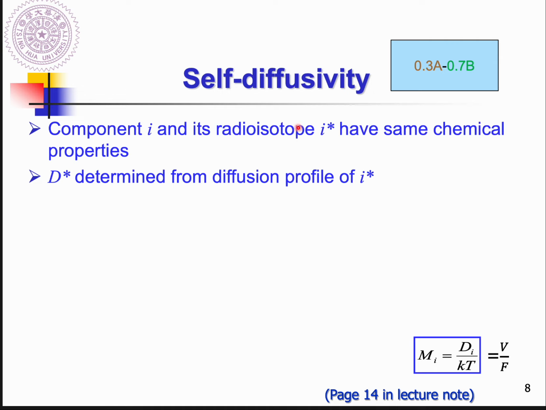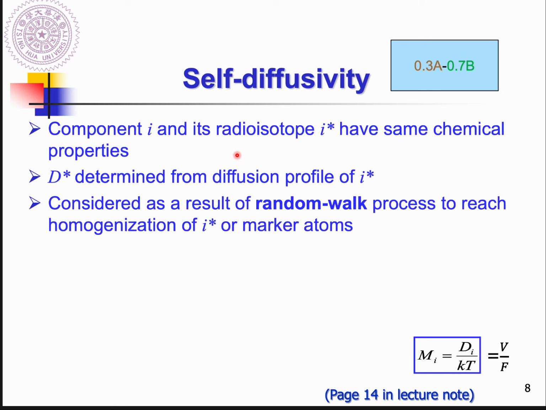Why do we use the radioisotope I star? Because they have the same chemical properties. So the total concentration along the material still remains constant, because we just substitute some I with I star. Then we can measure the profile of I star.